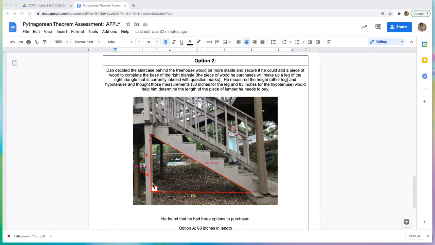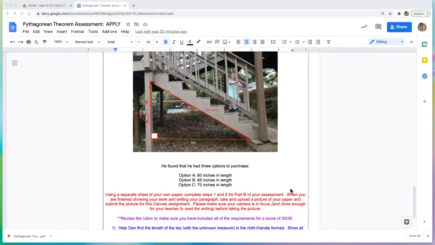He measured the height, or the other leg, and found that that was 50 inches. And he also measured the hypotenuse, which is this one here, and he found that one to be 85 inches. He thought those measurements would help him determine the length of the piece of lumber he needs to buy to put right here. So he has three options.